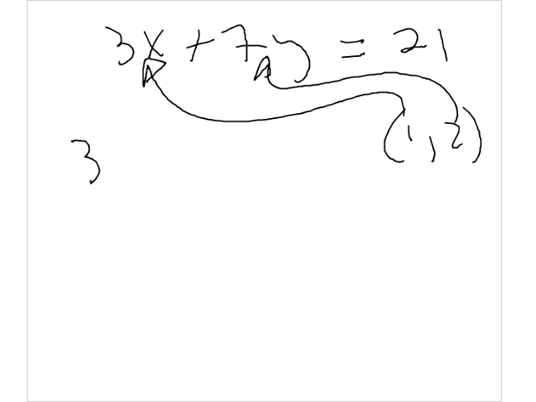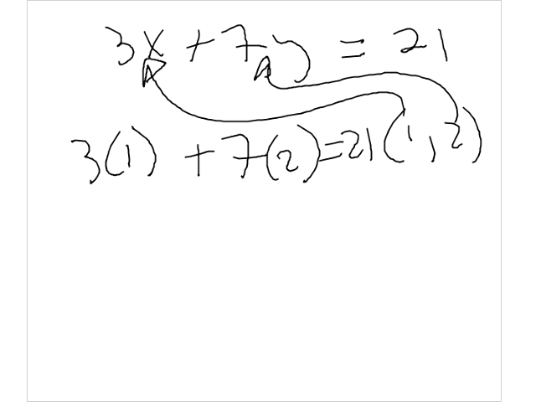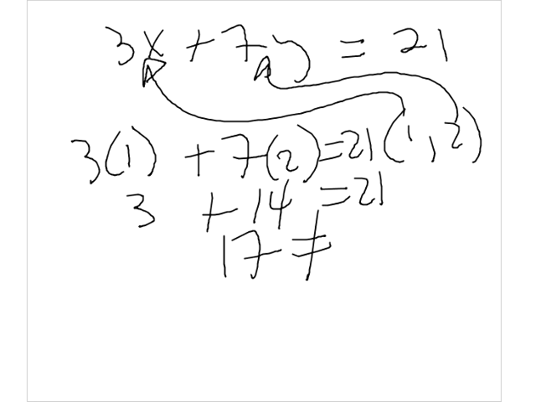So this would be 3 times 1 plus 7 times 2, and does that equal 21? This would be 3 and 14. No, 17 is not equal to 21. Therefore, the point 1, 2 does not satisfy the equation. And what that means graphically would be that it's not on the line.